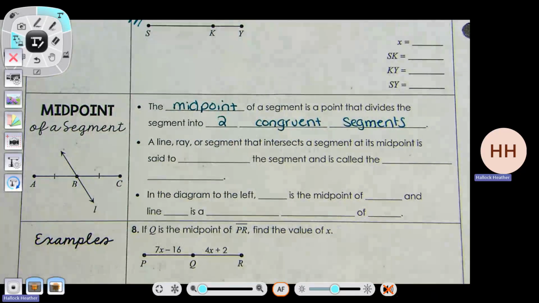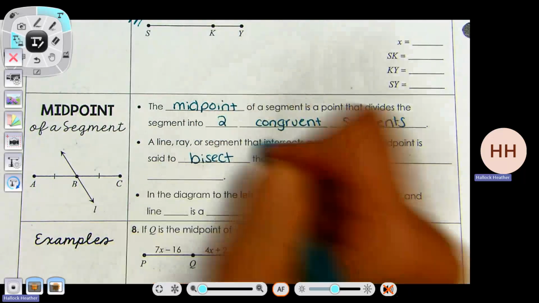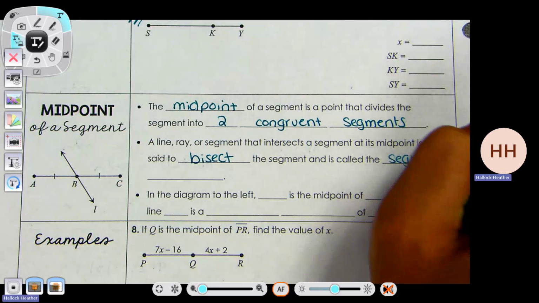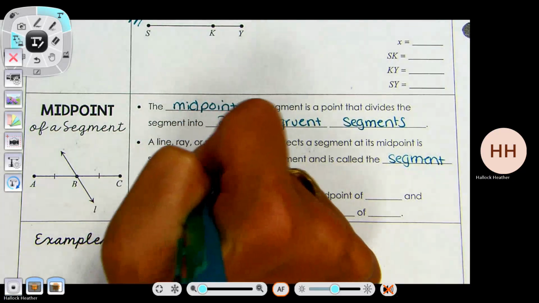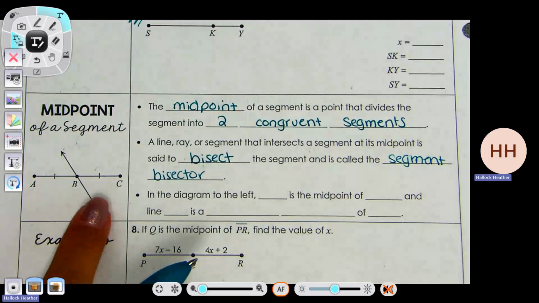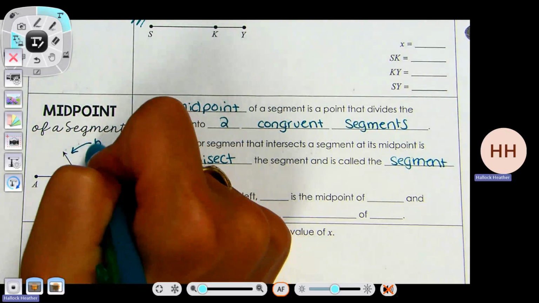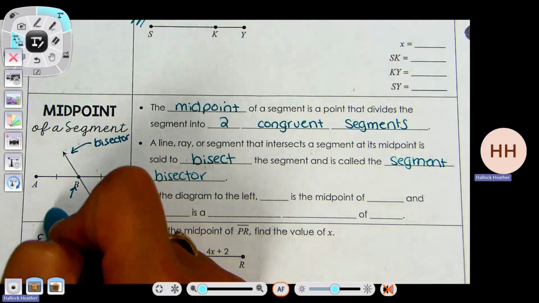A line, ray, or segment that intersects a segment at its midpoint is said to bisect the segment and is called the segment bisector. So looking in this picture, the line right here is the bisector. B is the midpoint.